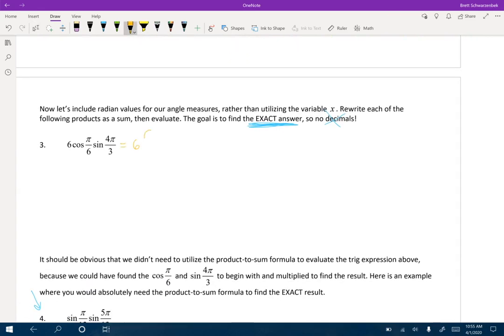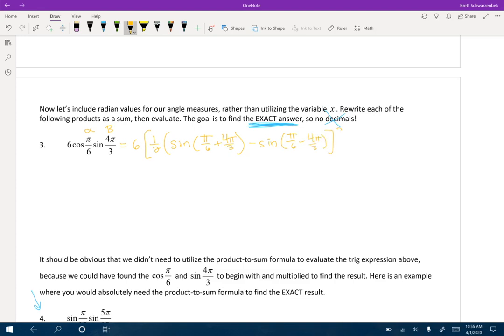So we would have a 6 to start, and then we would have the half in our formula. So it's going to be the sine of, remember this is alpha and this is beta, the sine of alpha plus beta minus the sine of alpha minus beta.